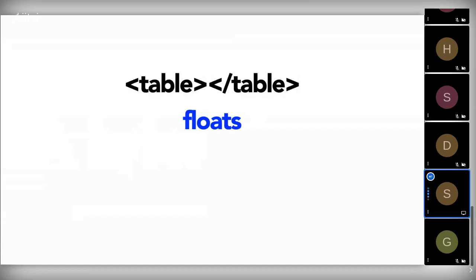If you think of float, what you're saying is, okay, I want this block of elements to float to the left-hand side of the web page or to the right-hand side of the web page. And doing so in this fashion was quite hacky. It wasn't really a sustainable way to create websites.